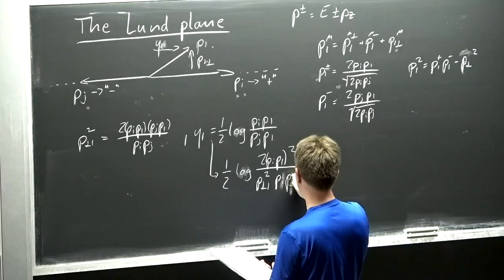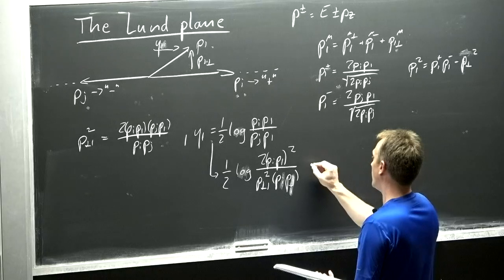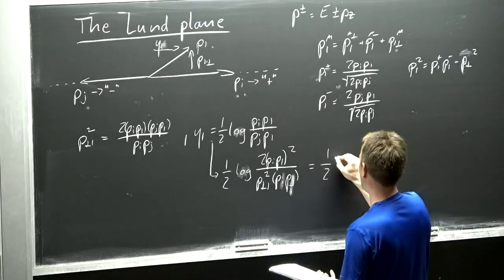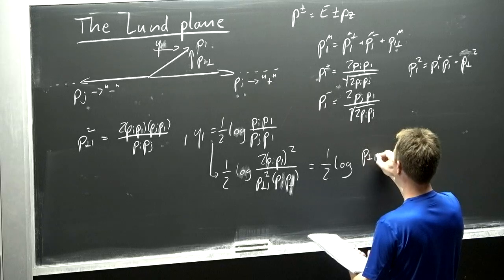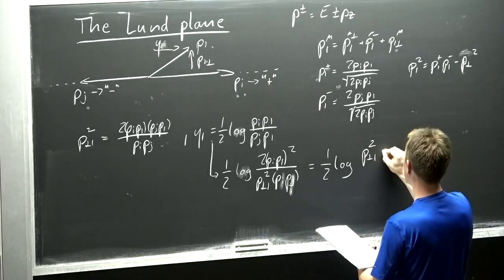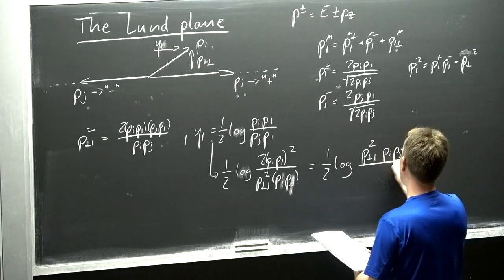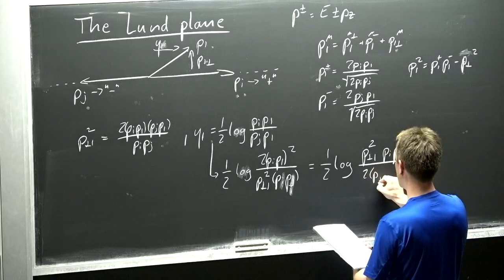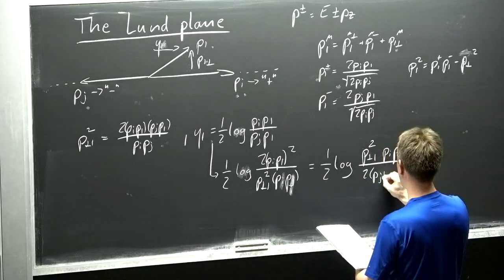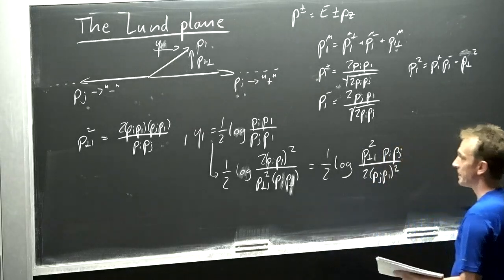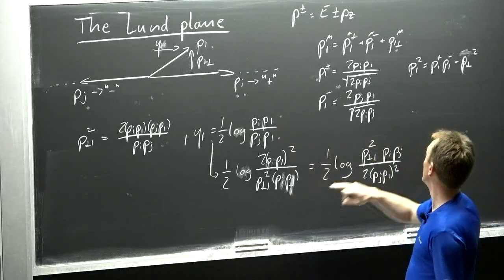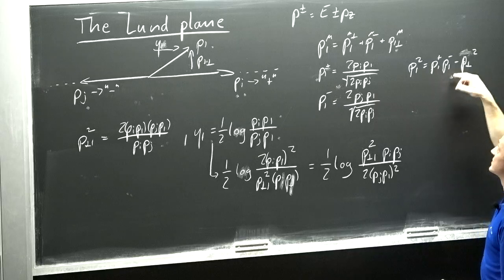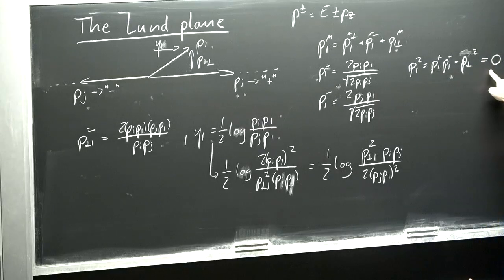Or I can say this is 1/2 log of P perp 1 squared times Pi Pj over 2 Pj P1 squared. Essentially different ways of writing the plus component over the minus component with the help of this relation up here, because I have the on-shell condition and this has to be 0. Okay?